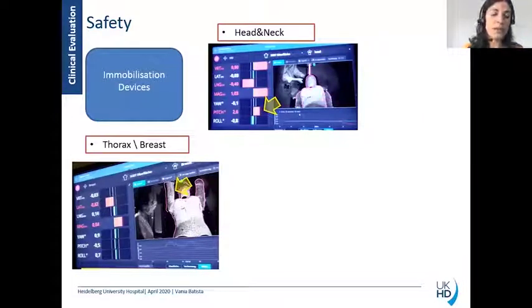Also for thorax and breast, when you are using the wing step immobilization device, you can detect directly in the room if the wing step position is correct and if the arms are correct, and that saves, of course, several minutes.